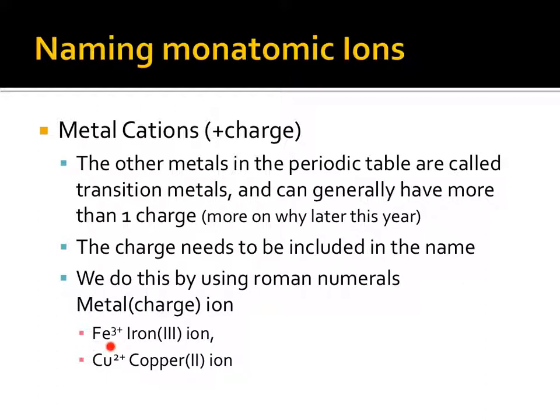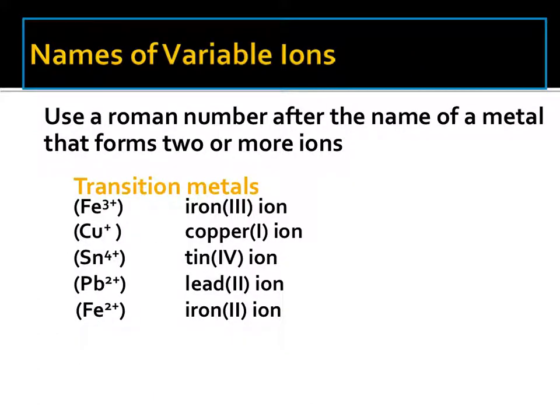So here would be iron 3 ion, iron with a 3 charge. Here is copper 2 ion, copper with a 2 charge. Iron can also make iron 2, copper can also make copper 1. So here's some other examples. You can see iron 2 and iron 3. There's copper 1, tin 4, lead 2.